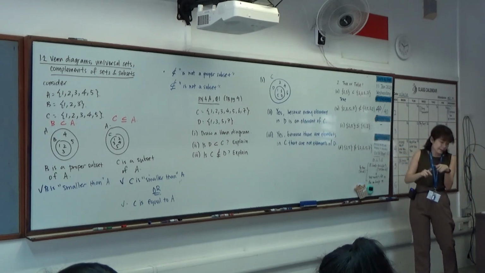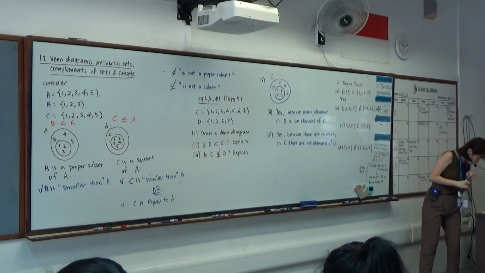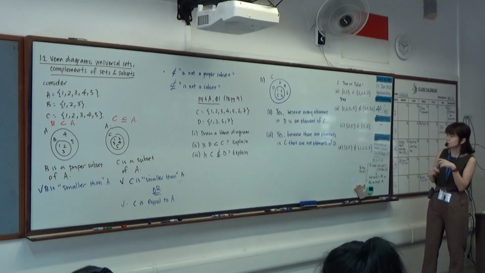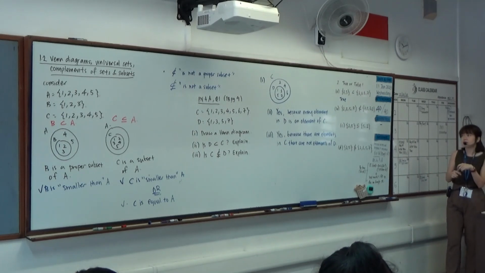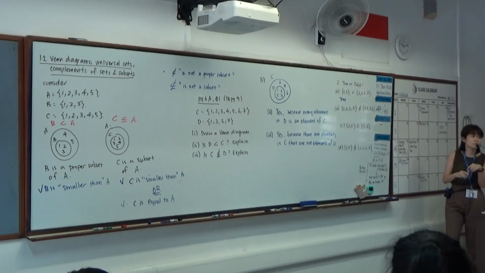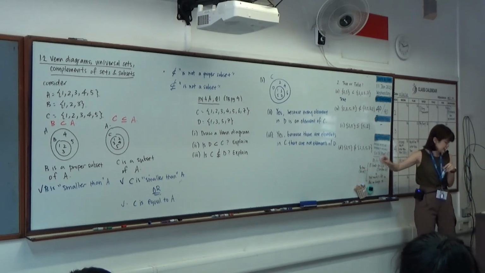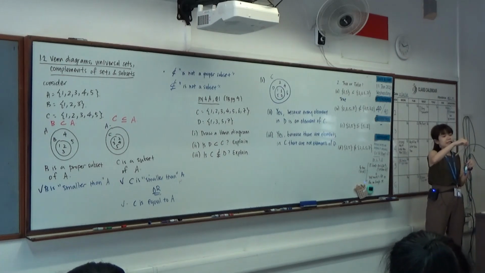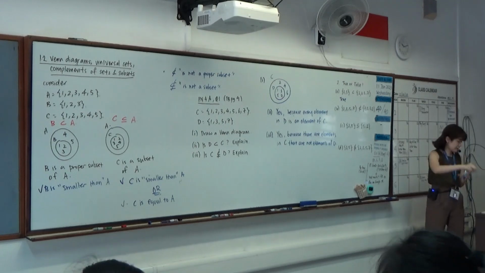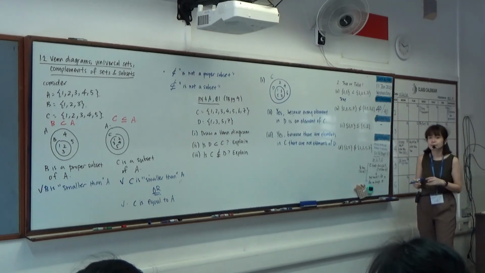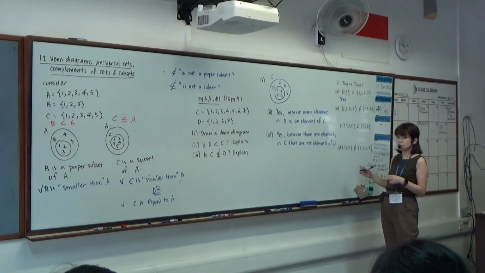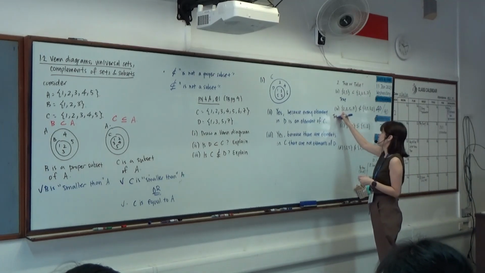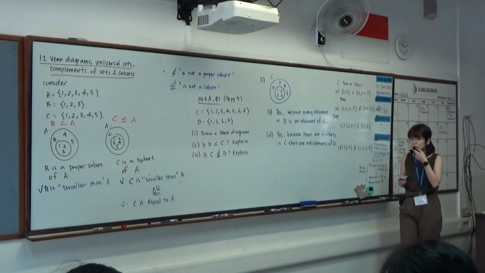Okay? Part B, the question asked to explain. So part B: {2, 3, 5, 7} is not a proper subset of {7, 5, 3, 2}. What do you think? Deanna. True? Why do you say that?